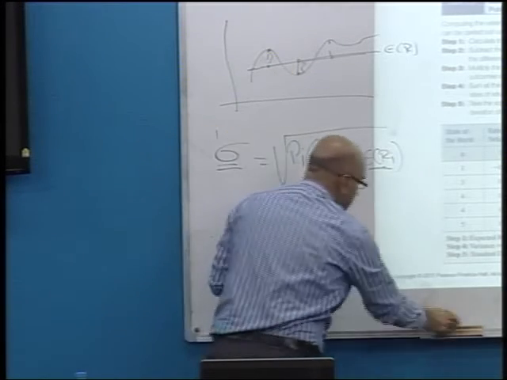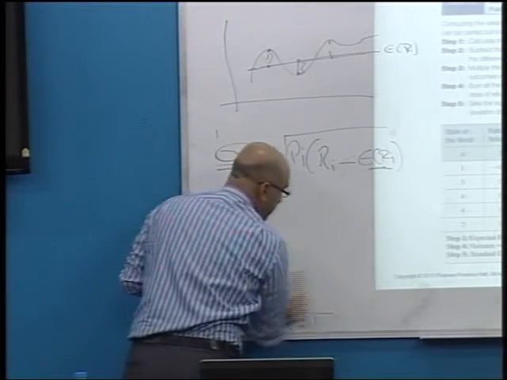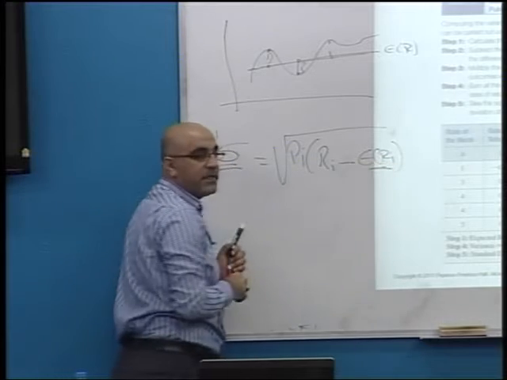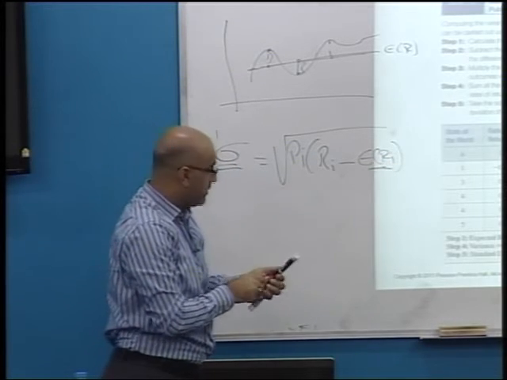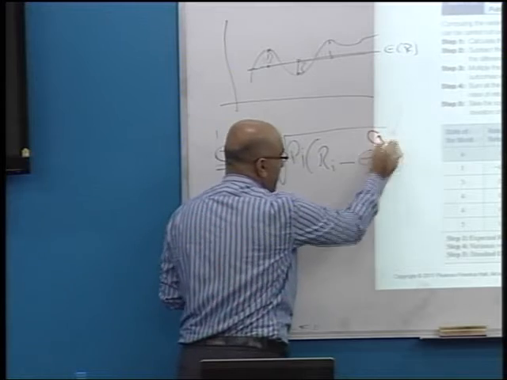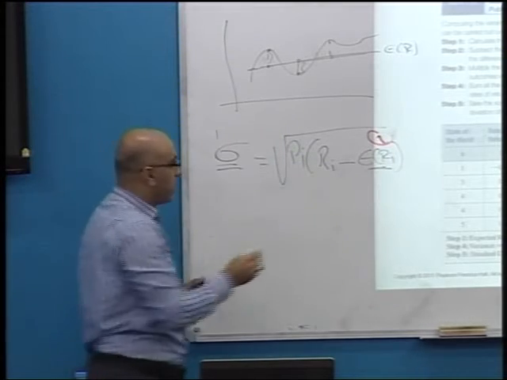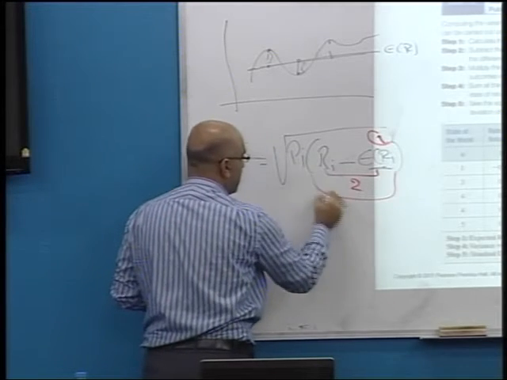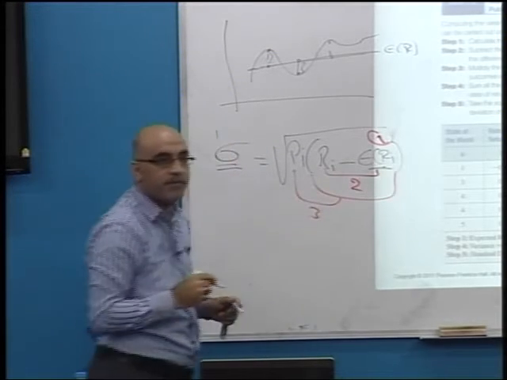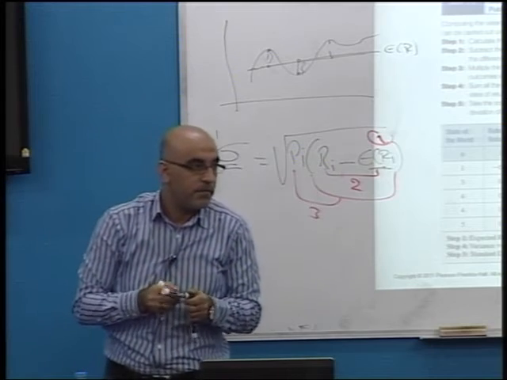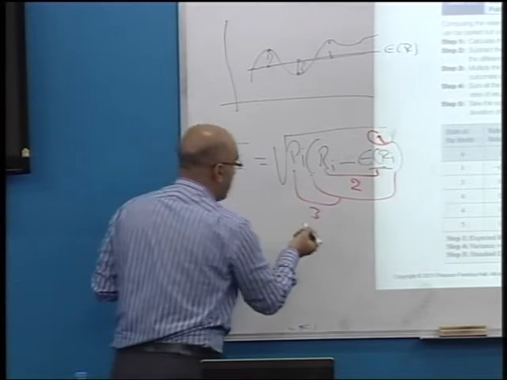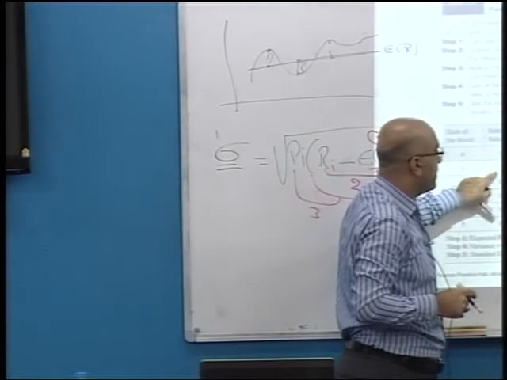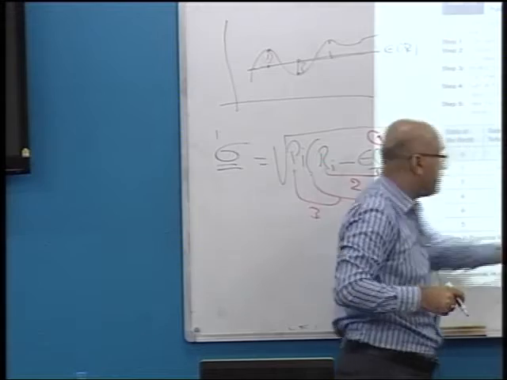Okay, so the next step is to calculate Ri minus the expectation of Ri. So just to remind you, start with this. This is the first, then this is the second, then this is the third. You see? Very simple. Okay, so the second one, the rate of return minus the expected rate of return.